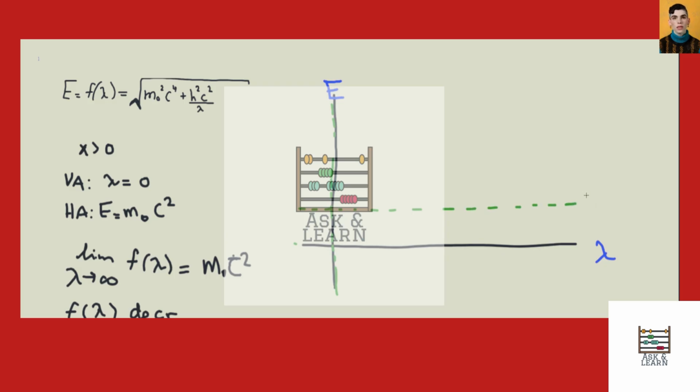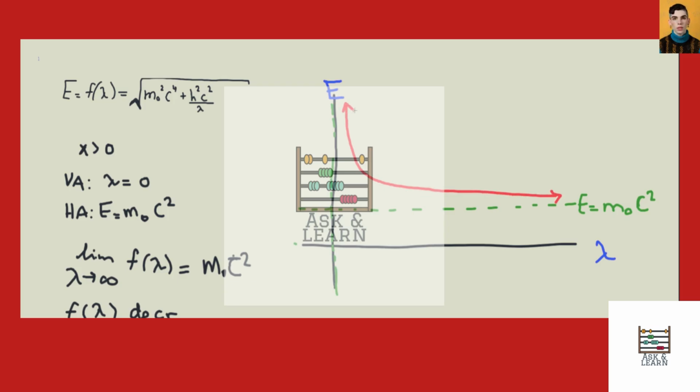So let's say that this is E equals m at rest c squared. Right, so it's somewhere there. And we know that it's always decreasing. Our function is always decreasing over our domain. And it'll approach but not touch asymptotes.